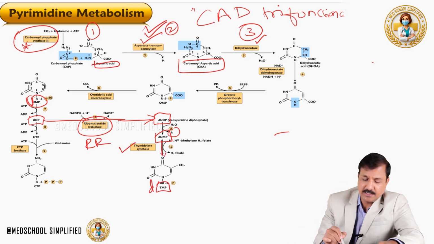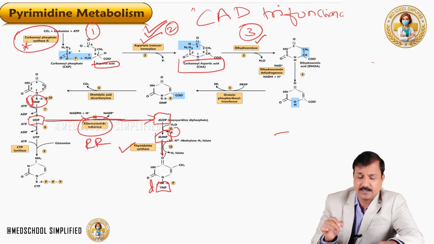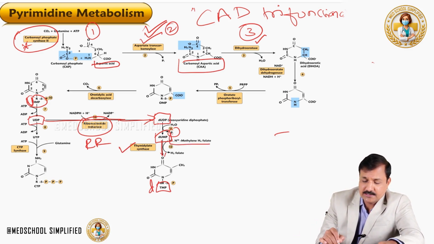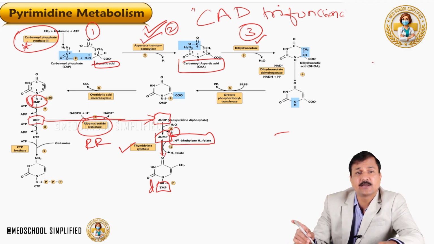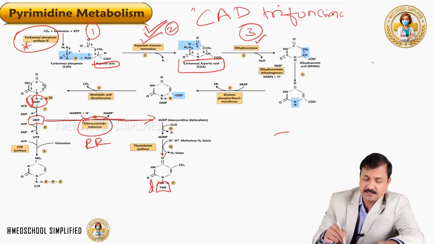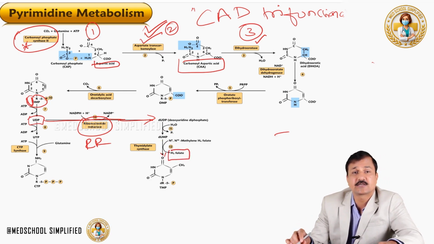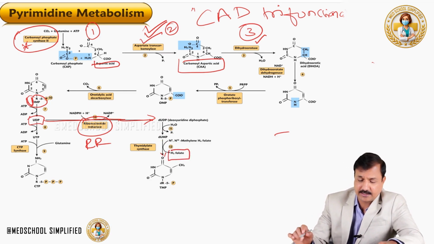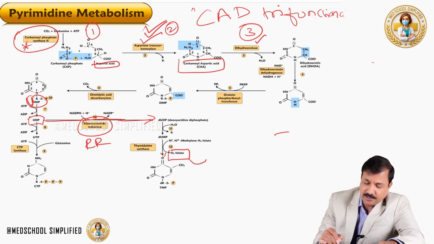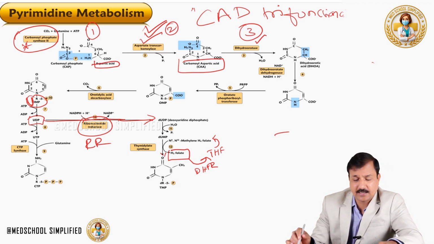So dUMP is converted to dTMP, that is done by thymidylate synthase enzyme, and for that the coenzyme is N5,N10-methylene tetrahydrofolate, and this N5,N10-methylene tetrahydrofolate in turn will be coming out of the reaction as dihydrofolate. Now this dihydrofolate will be converted into tetrahydrofolate first, done by DHFR, that is dihydrofolate reductase, and tetrahydrofolate further converted into N5,N10-methylene tetrahydrofolate.